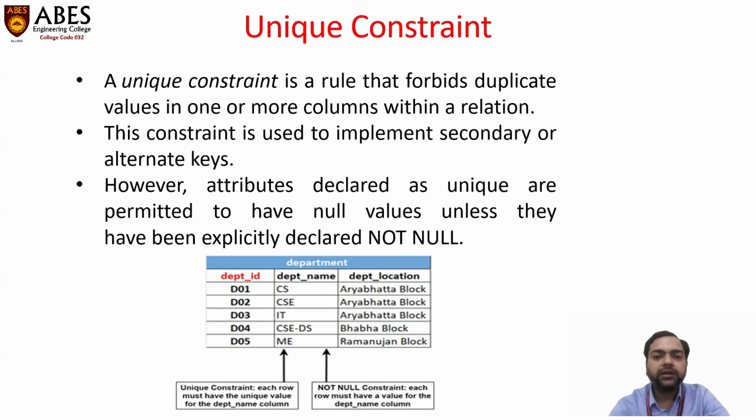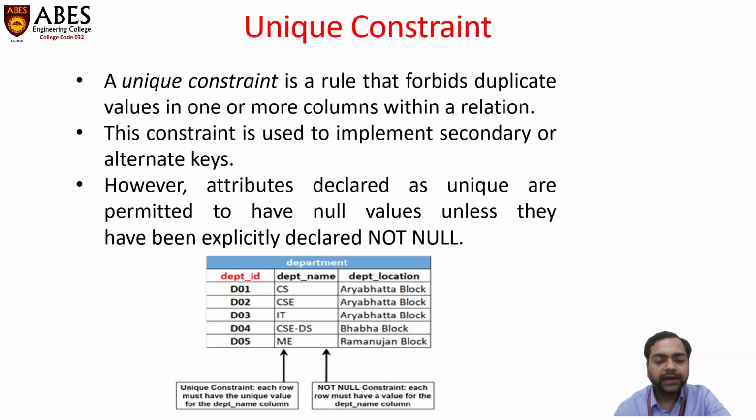For that attribute, I need this kind of constraint, that is the unique constraint, right? It is a rule that forbids duplicate values in one or more columns within the relation. This constraint is also used to implement secondary or alternate keys. What are these alternate keys and secondary keys? We'll discuss them in a future video. But this constraint is also used to implement those types of keys, right?